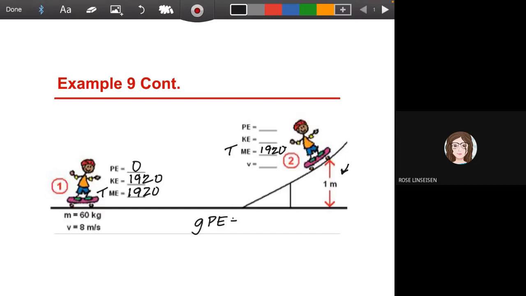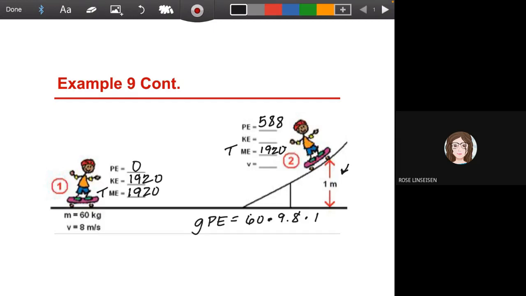So I'm going to say my mass, which is still going to be 60. I'm going to write it all out. It's still going to be 60. And I know that gravity is going to be 9.8. And this person is at a height of 1 meter. So essentially, I'm just going to multiply 60 times 9.8. All right. So I know that this person has gravitational potential energy of 588 joules.